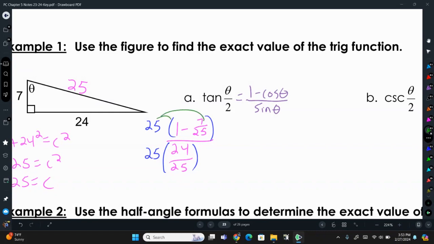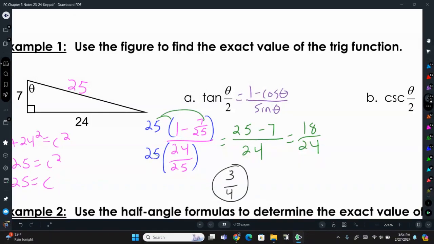So distribute this. It's actually going to be 25 minus 25 times 7 over 25. The 25s would cancel. So we have 25 minus 7 over, the 25s would cancel here as well, and we get 24. So we get 18 over 24, which simplifies to 3 over 4.